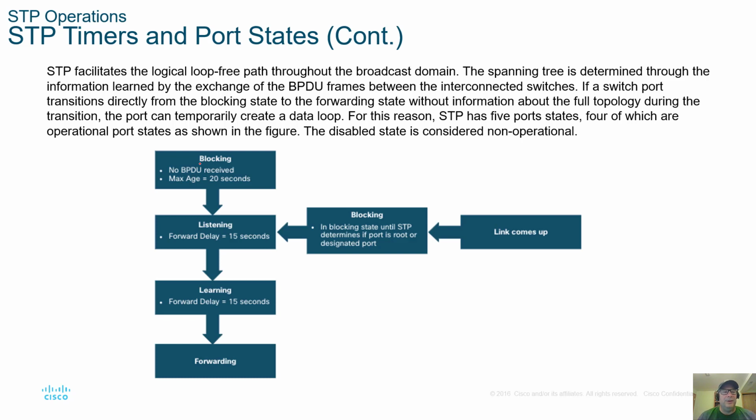And the answer is it's because spanning tree is running by default on those switches. So the first thing that happens is you turn a switch on, and all of the ports are going to be in a blocking state, and they're just going to stay there for 20 seconds. Nothing's happening. The electricity is flowing, and they're aware that the interface is on, but nothing's really happening, okay?